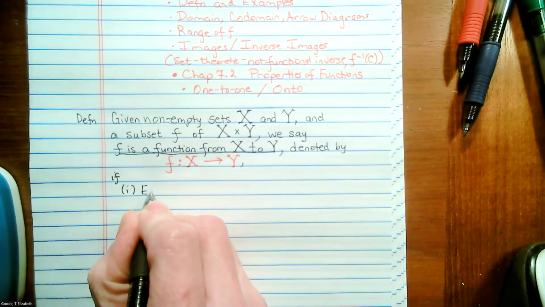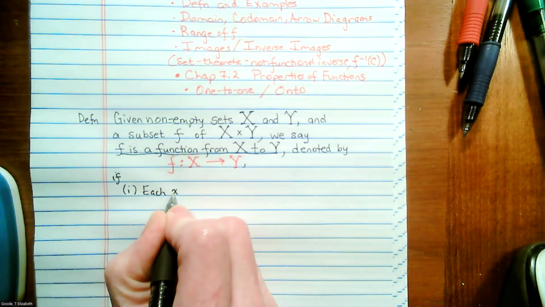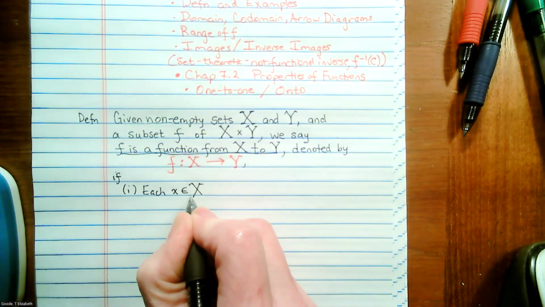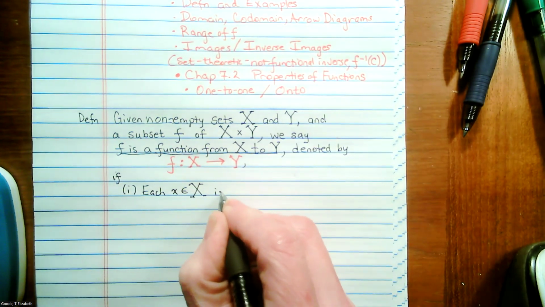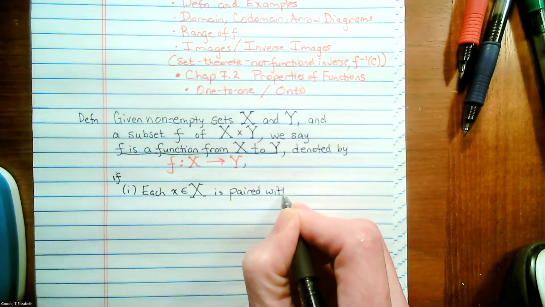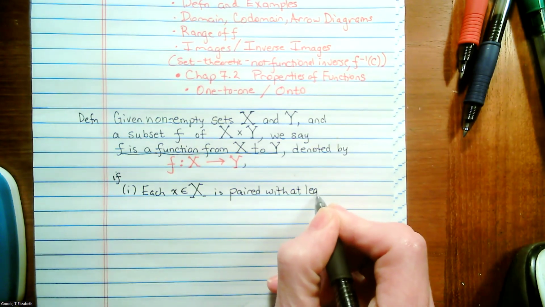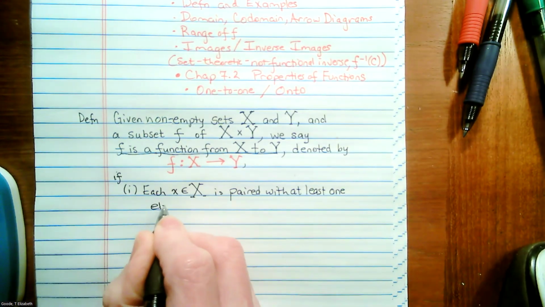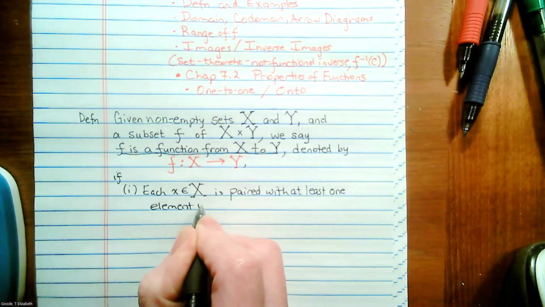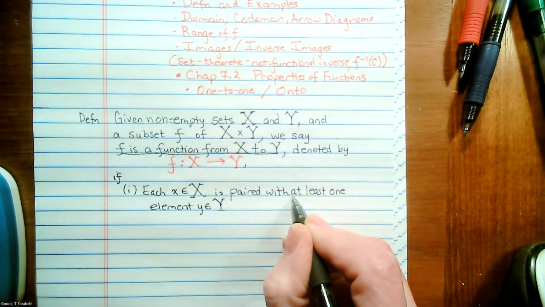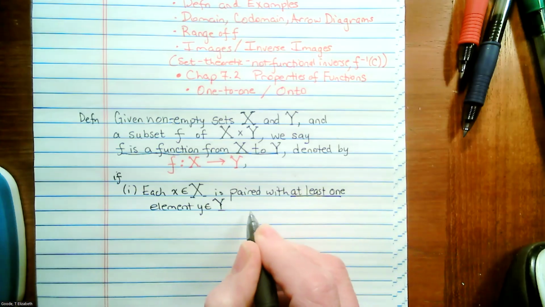One, each element little x in set X is paired with at least one element Y in set Y is what's important.